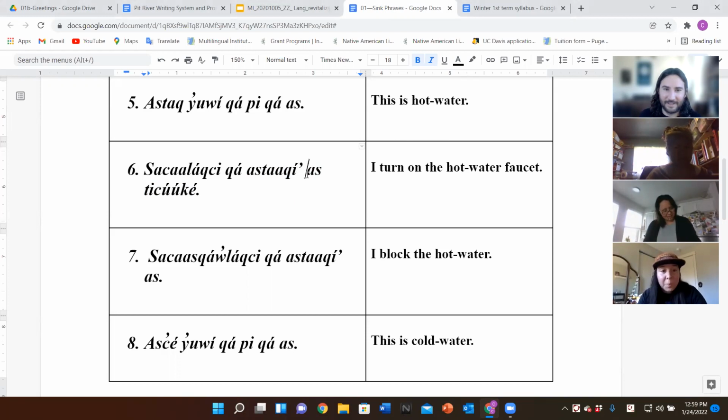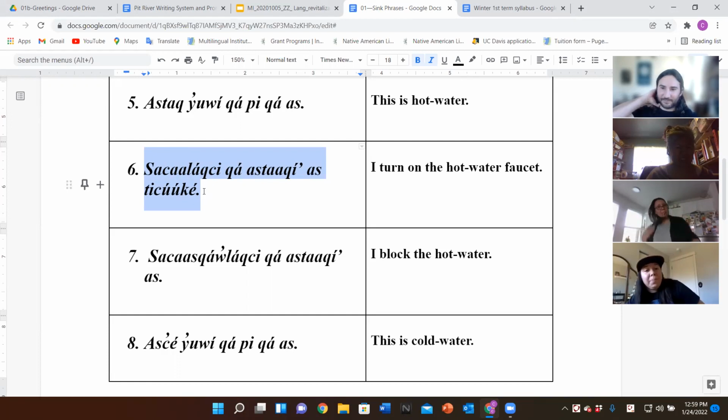Okay. Yeah. So okay. Kenwa. Sajalakji ga astaki as ichuke. Okay, the only part I have a problem with is the Q, I think, but sajalakji ga astaki astajuki. Okay. Pretty good. Say that word again.